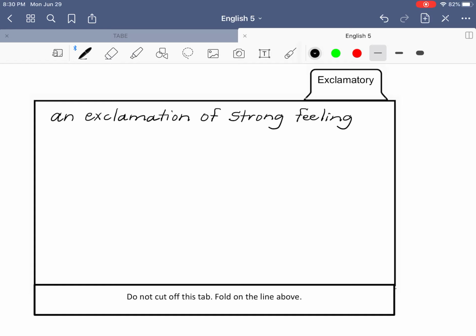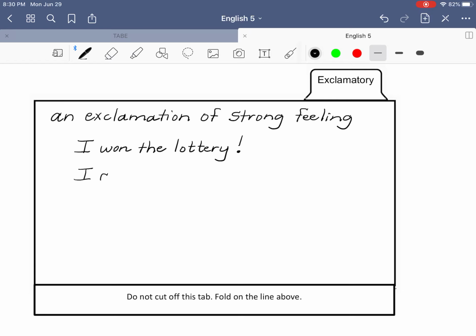So, for example, if you get a phone call that says that you have won the lottery, you've won $10 million, that is going to be an exclamation of strong feeling. I won the lottery! That is an exclamation or an exclamatory sentence.